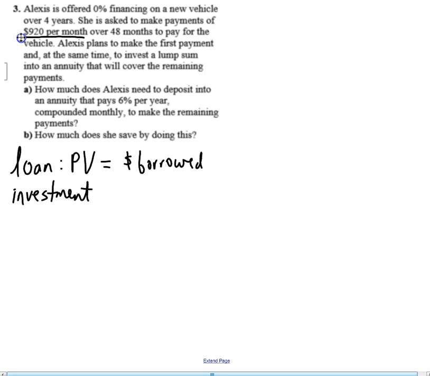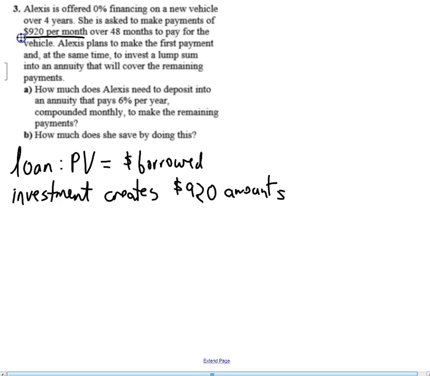Okay, so the investment creates these $920 amounts. So you would need quite a lot of money invested to generate 48 $920 payments. We know that the total payout would be 48 times 920, but the present value will be less than that, as we saw before. You don't need $1,000 invested now to generate $1,000 in the future.